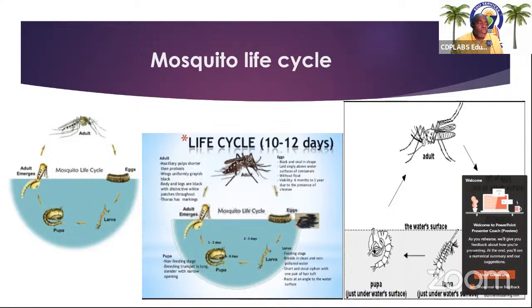Good. Now, if you notice, God is a marvelous God. Even though it's different, it's the same. Now, the development of this new mosquito is below the surface of the water, at the surface of the water. Right?